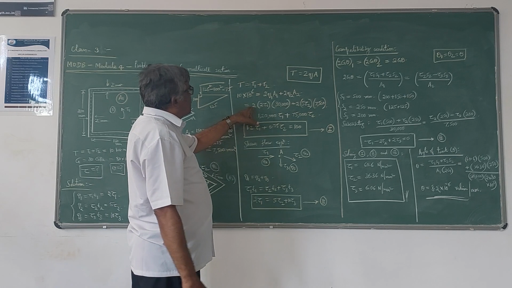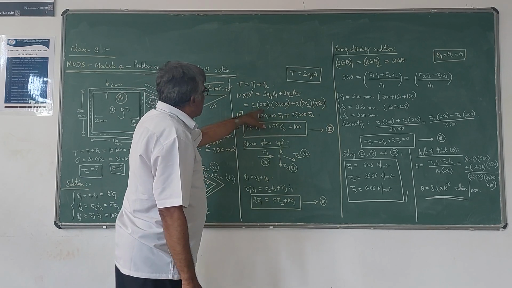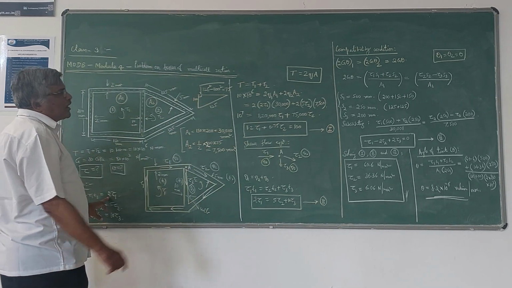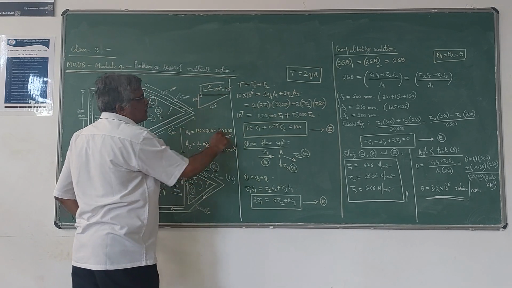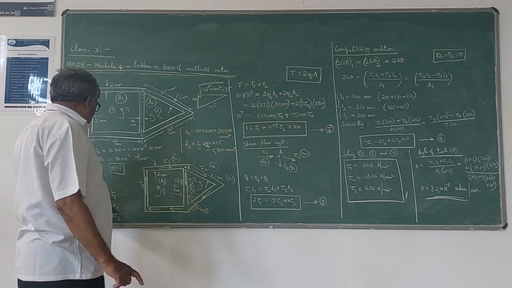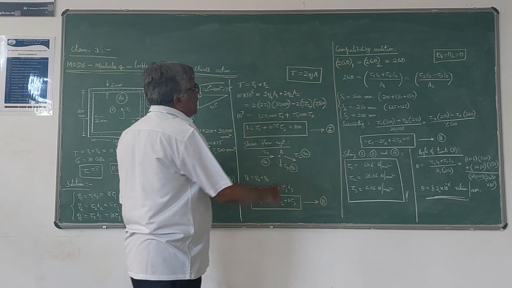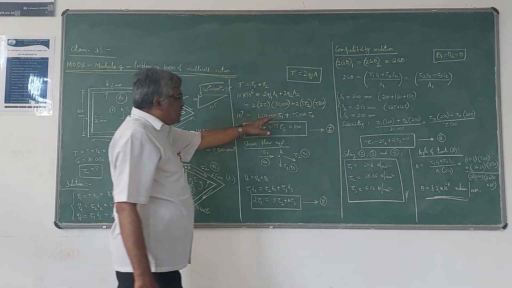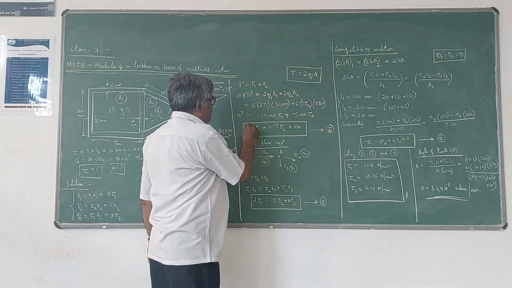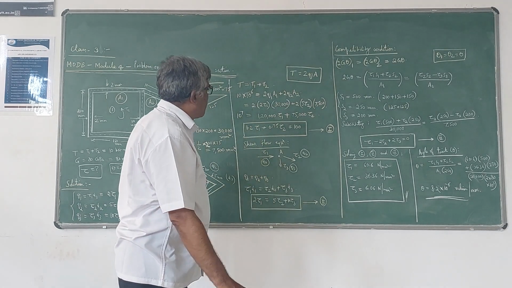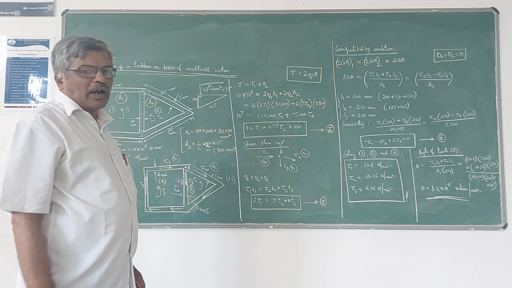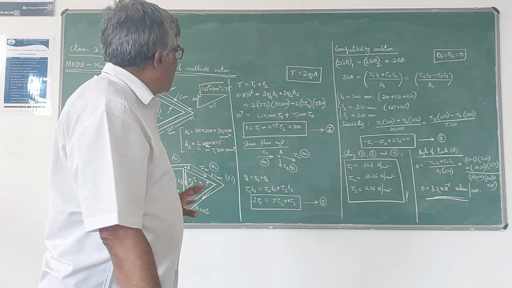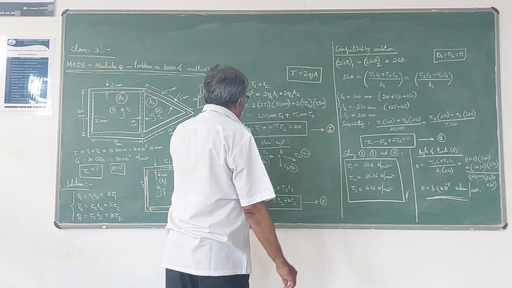So if you substitute, 2 into q1 is 2 τ1 into A1 which is 30,000, plus 2 into 5 τ2, that is q2, into A2 which is 7,500. If you simplify this you will get an equation of this form: 1.2 τ1 plus 0.75 τ2 is equal to 100. That is the simplified form of this equation.